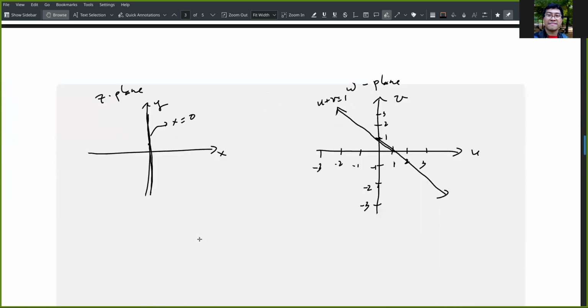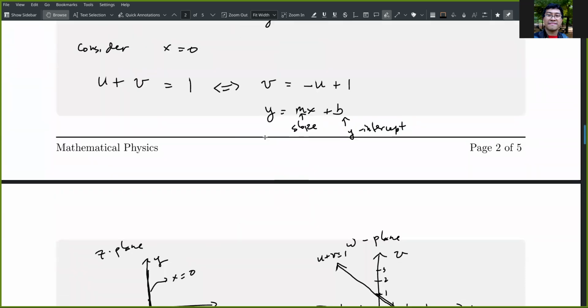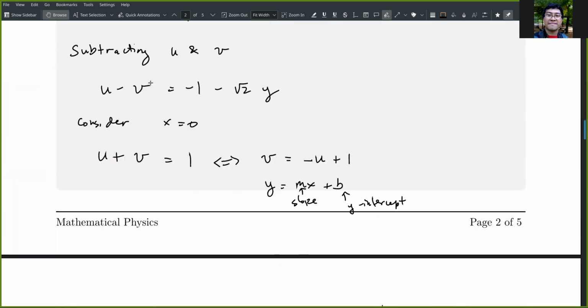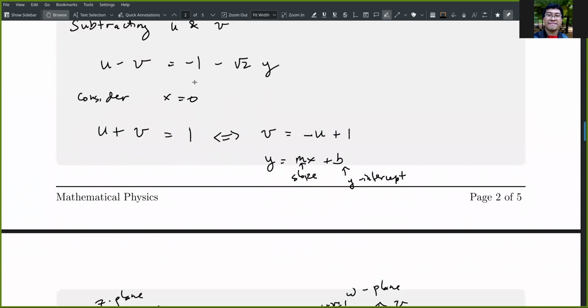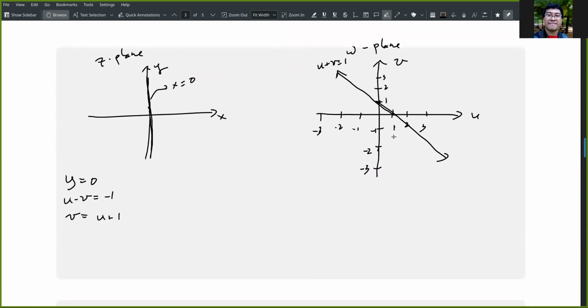Now for y equals 0, we can use this. So that's u minus v equals -1. So we can also write this as v equals u plus 1. So the slope is +1. It passes through v equals 1 over here.